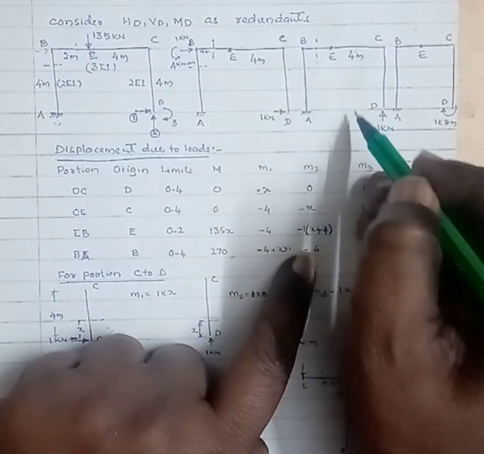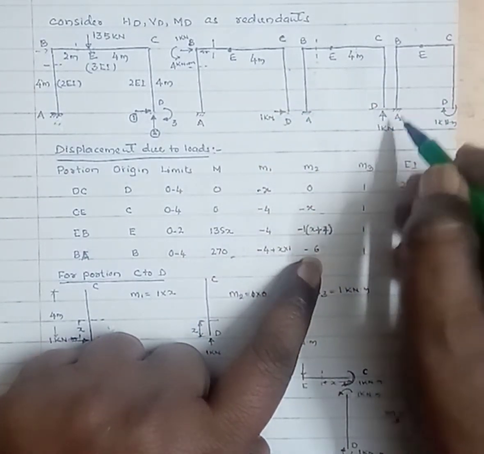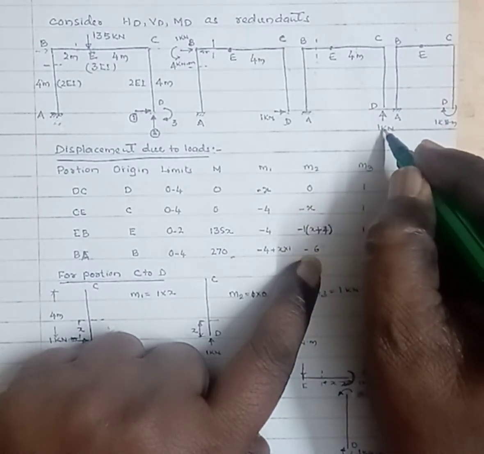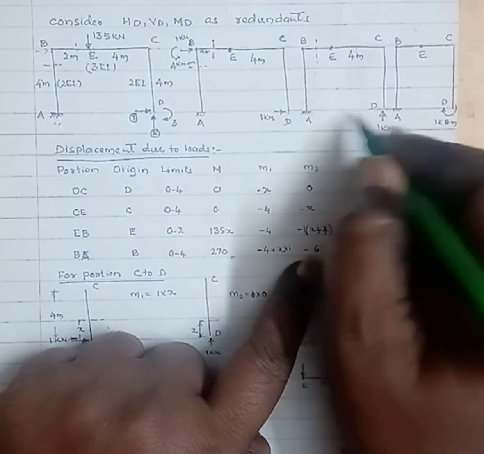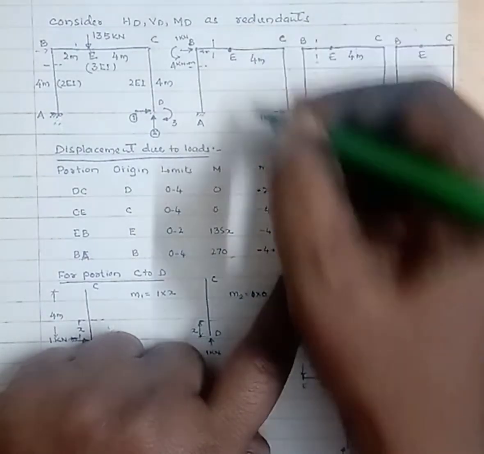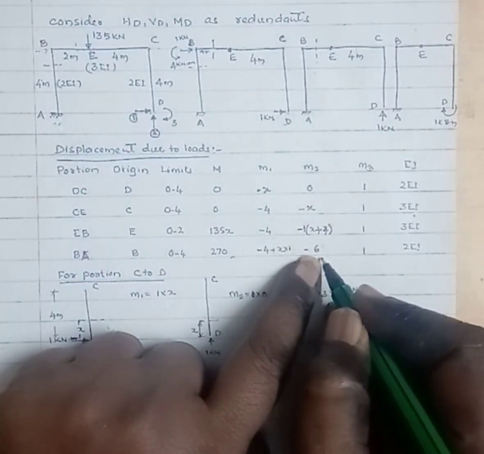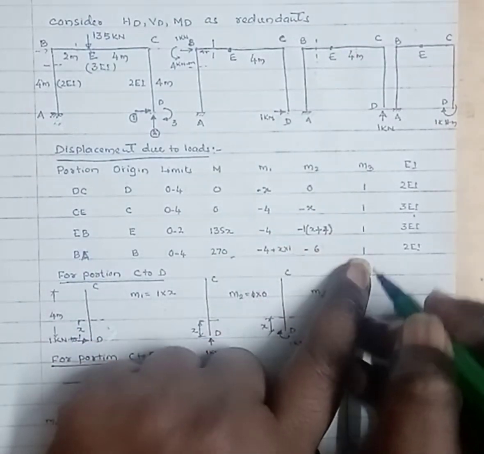Then coming to this second force, this is the unit load applied in coordinate 2. This one is 1 into the perpendicular distance 6, that one is in anti-clockwise direction. Here the perpendicular distance is 6 meter and the direction is anti-clockwise.